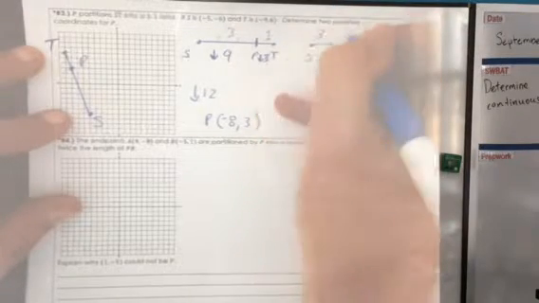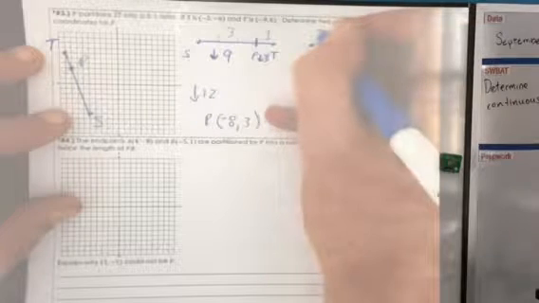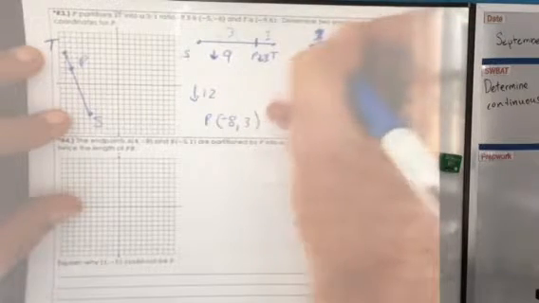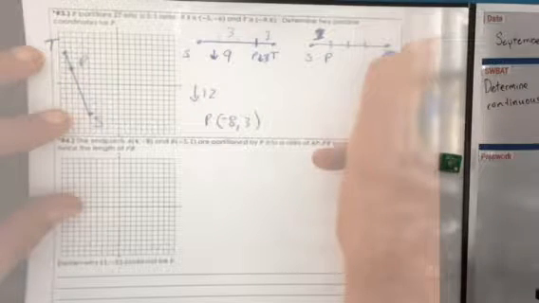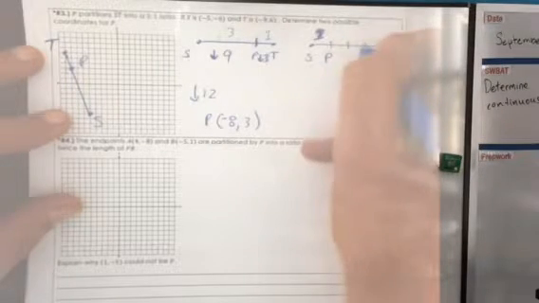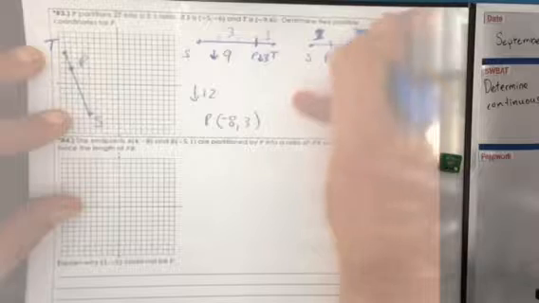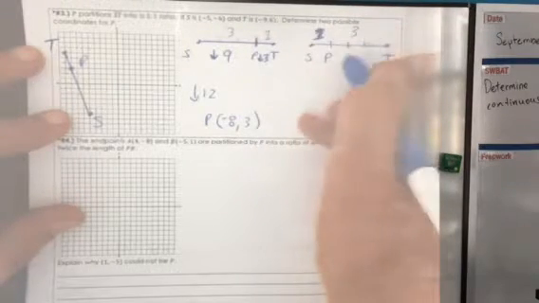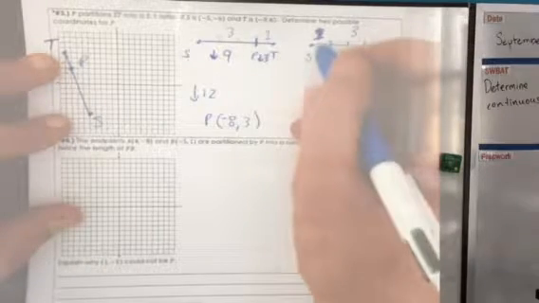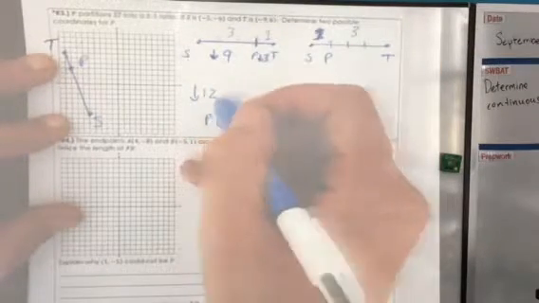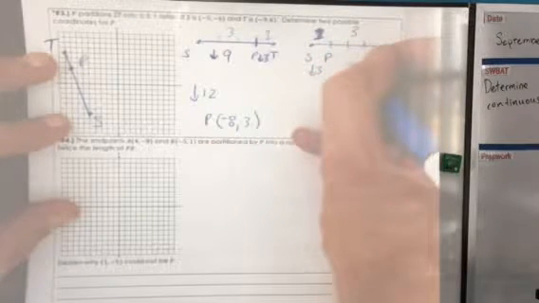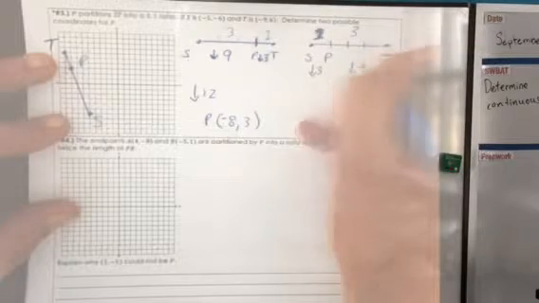So here you have 3, here you have 1, and here you have 3. So then thinking about the move down 12, take that move down 12, we'll give 3 of it here and give 9 of it over here.